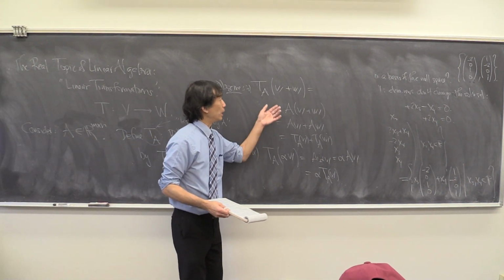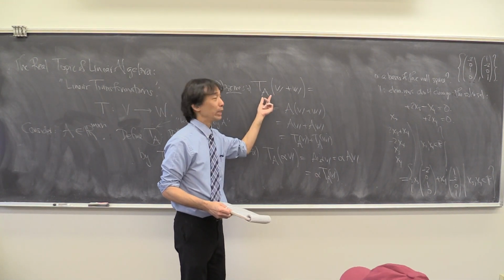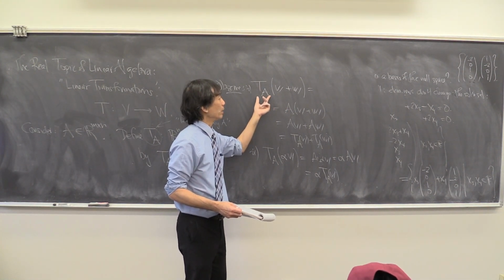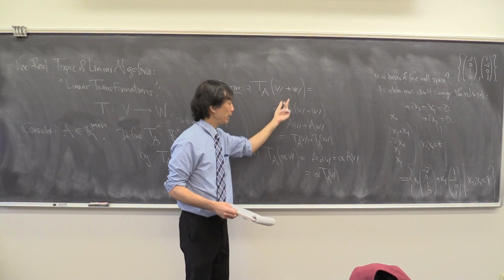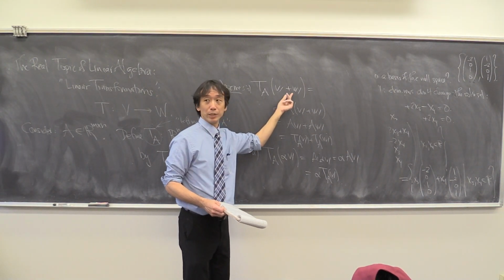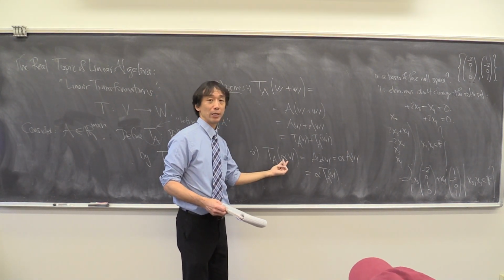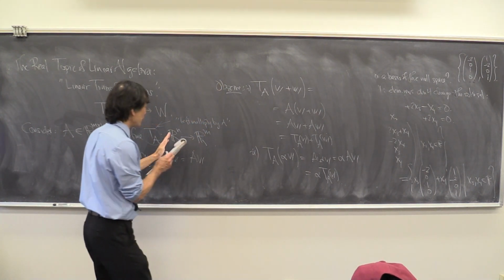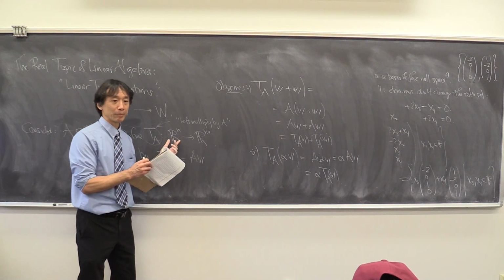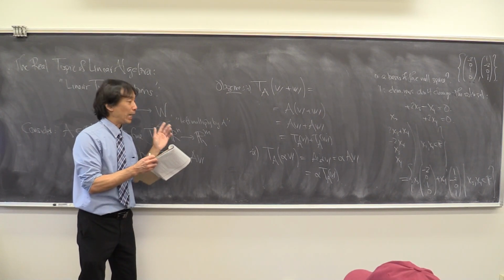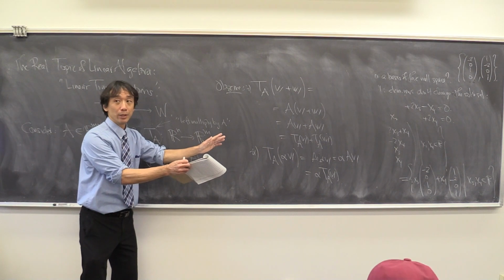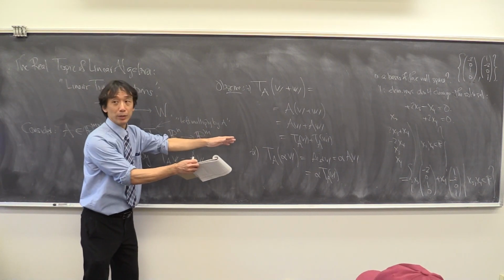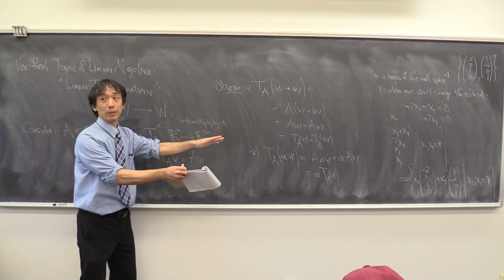Right, so what's the point? That this mapping works well with vector addition, and it works well with scalar multiplication. If I've got two vectors in the domain, and I add them together and I map them over, I might as well have mapped them over individually and then added them afterwards.